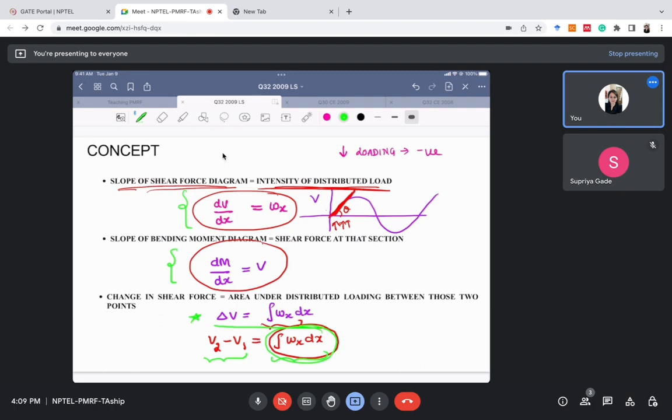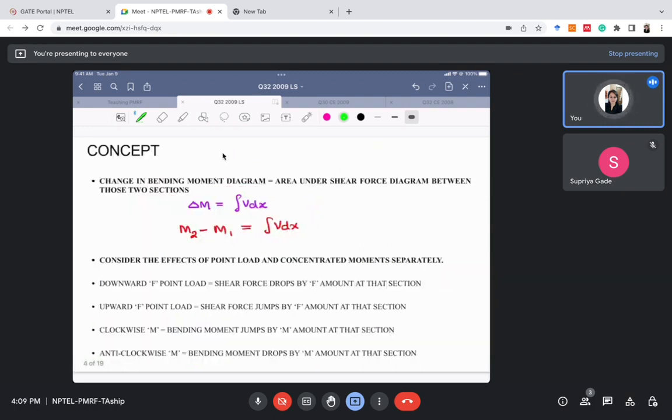The fourth point is the change in the bending moment is equal to the area under the shear force diagram between those two sections. That is M2 minus M1, the change in the bending moment, is equal to the area under the shear force diagram.